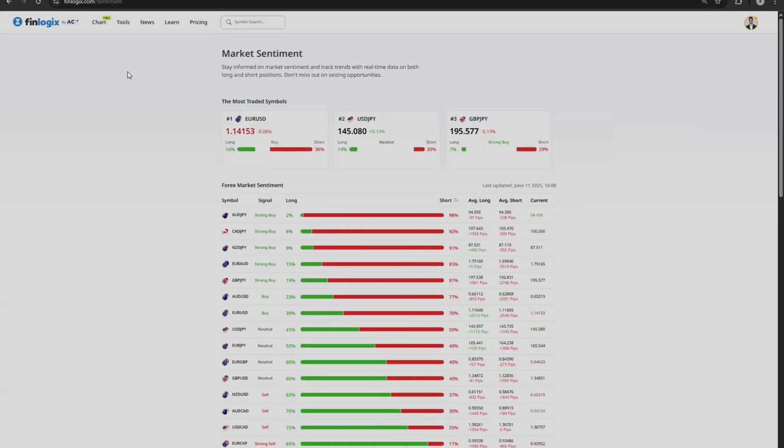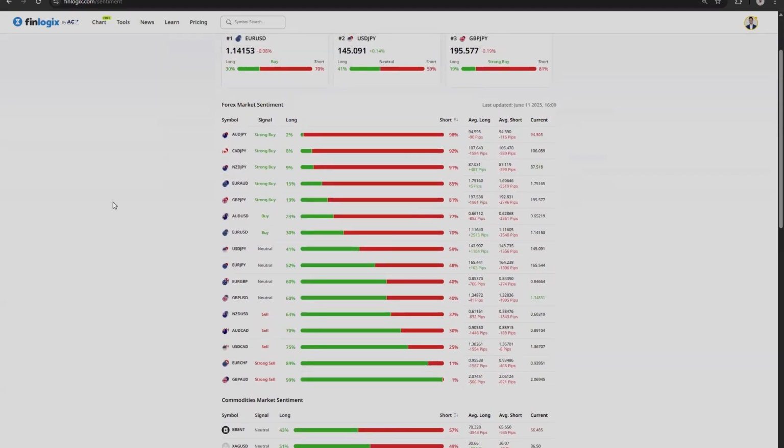Just wait for it to load. Okay, cool. So market sentiment is a tool that shows us where the majority of the market is positioned. Let's say we have a perfect example here, like Aussie Japanese yen. The signal is a strong buy. Why?